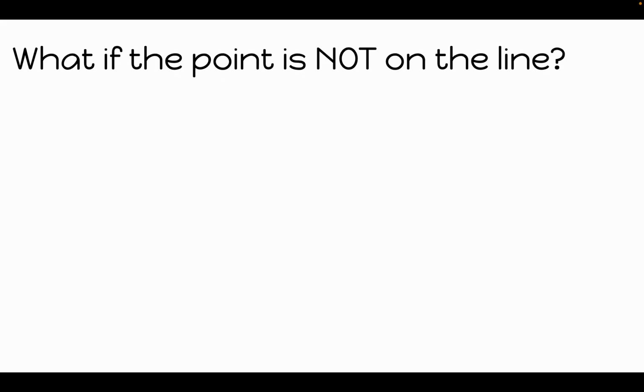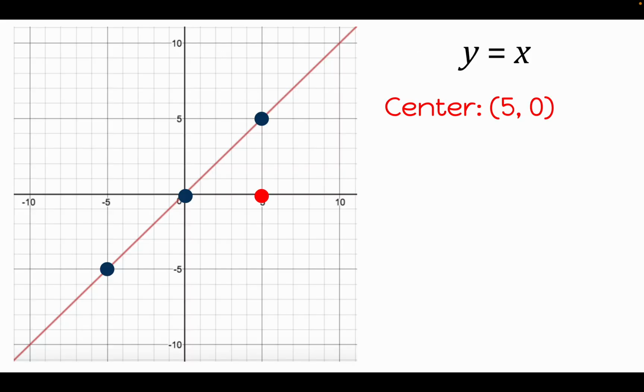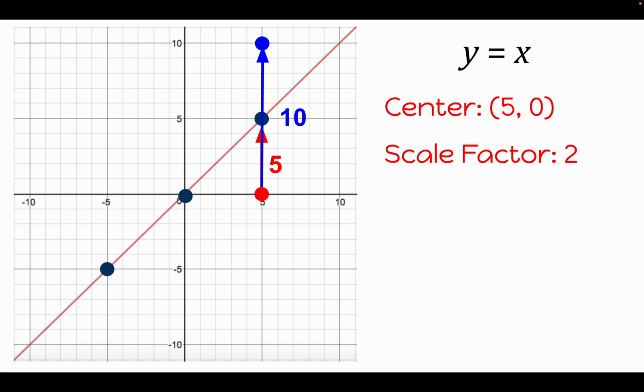And let's move on. What if the point is not on the line? So let's say the center is 5, 0 instead of 0, 0. And we want to dilate it by a scale factor of 2. So here we see that the black dot is 5 units away, so doubling that will be 10 units away, scale factor of 2.